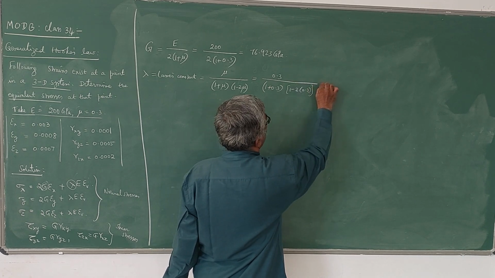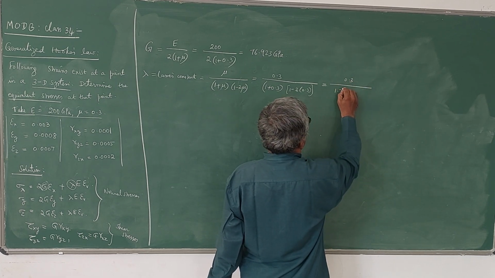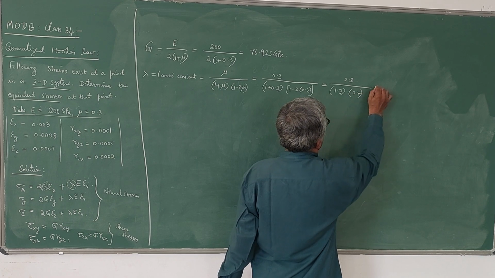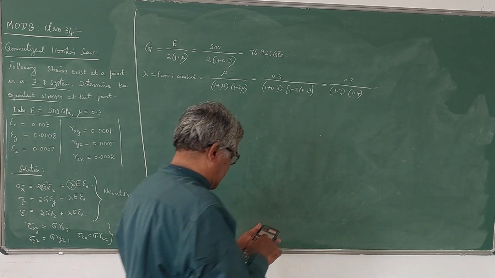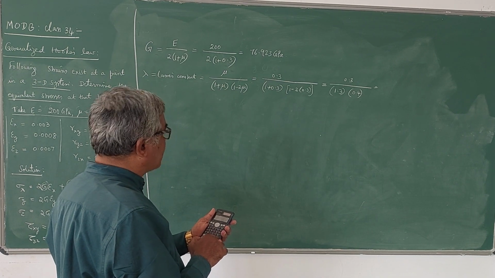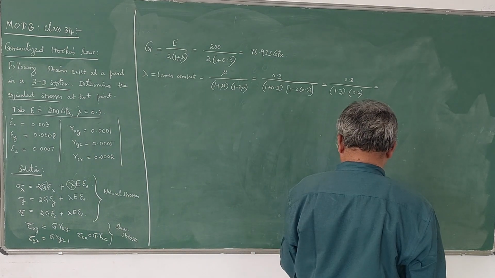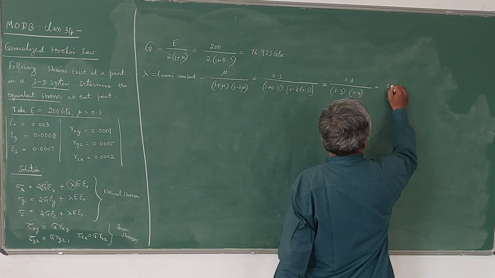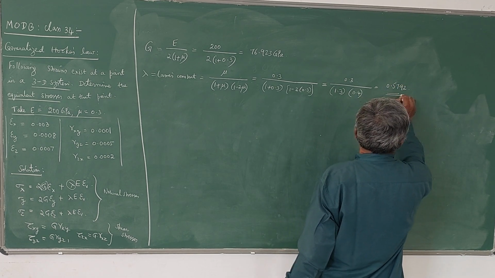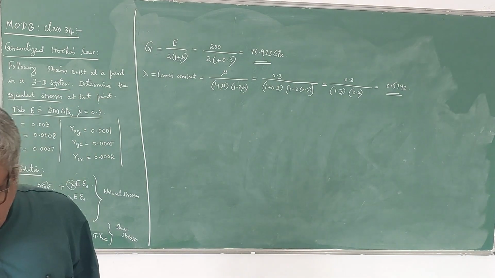Simplifying, it is 0.3 divided by 1.3 into 1 minus 0.6, that is 0.4. So you get 0.5769. Since it is a very small number, you can just keep 4 digits.